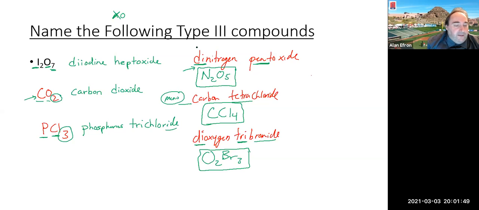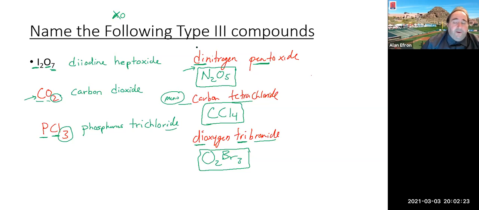So that's a very good question. And it's actually just what I was about to say. So at this point, we only use prefixes, as you can see here with type 3 compounds, when we have two nonmetals together. That is the only time pretty much that you should use prefixes. We also do not see any Roman numerals used here because Roman numerals are only used for type 2 compounds. And type 1 compounds have neither Roman numerals or prefixes.